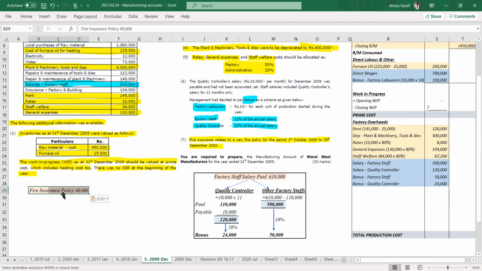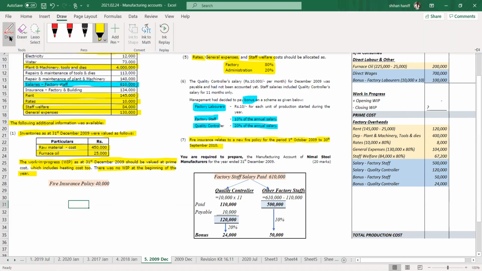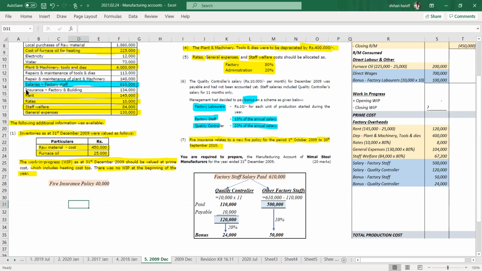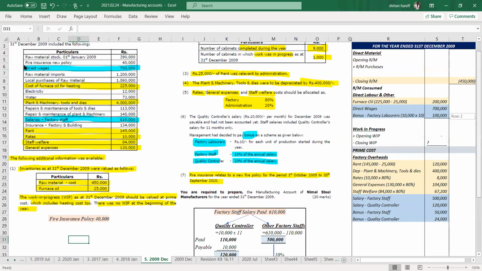So I will write it here. There is a fire insurance policy of 40,000. It's given here.